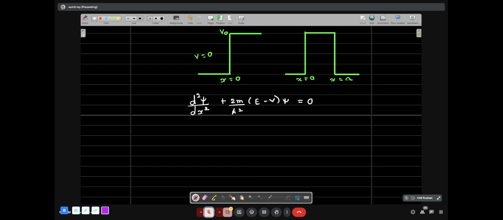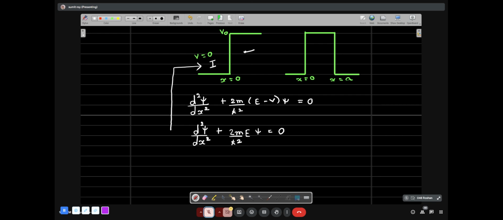So what will be the Schrodinger equation for this region? d2 psi by dx square plus 2m by h cut square E psi, since V becomes 0.